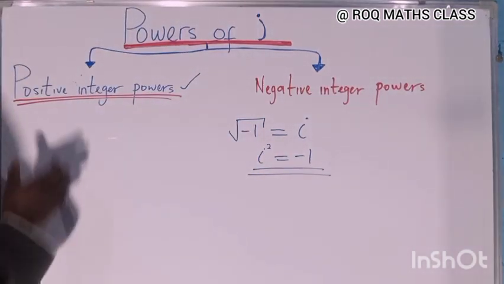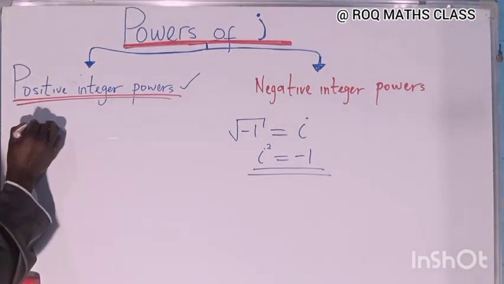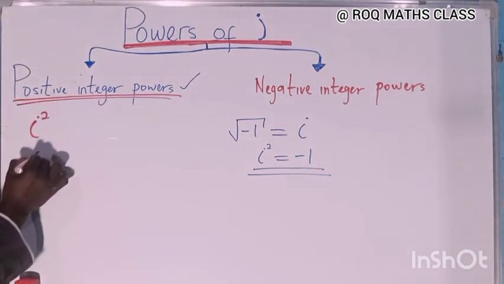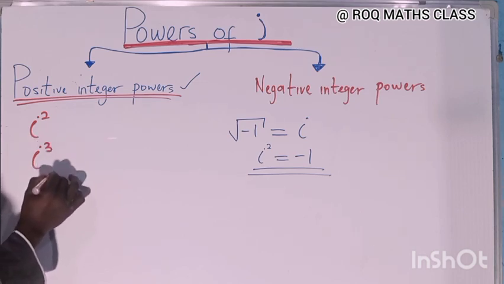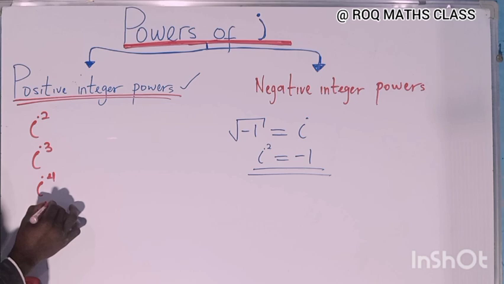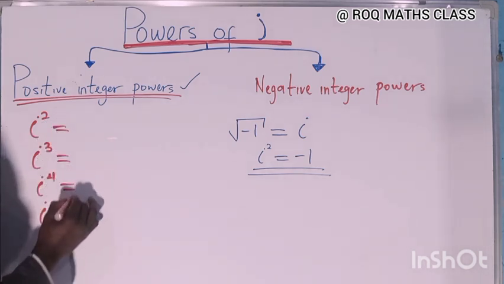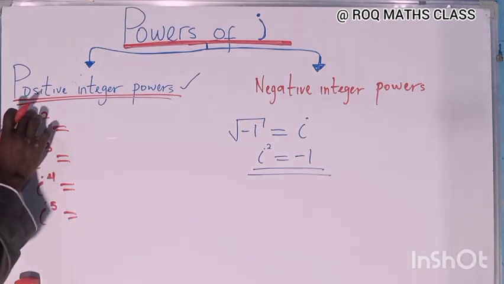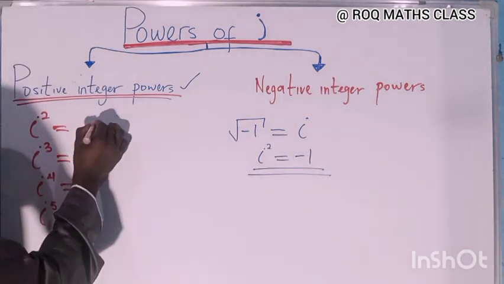So moving to my positive integer power, if I should have iota squared, iota to the power of 3, iota to the power of 4, and iota to the power of 5, how can we express this in a simpler form? Iota raised to the power of 2 is equal to what? -1.